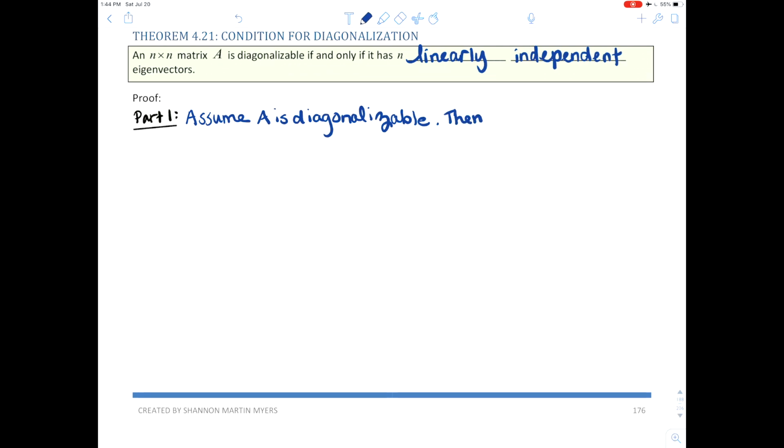So, what do we know? Well, if A is diagonalizable, there has to be a P, actually, an invertible matrix P, such that P inverse times A times P equal to, we'll call it D, is diagonal.